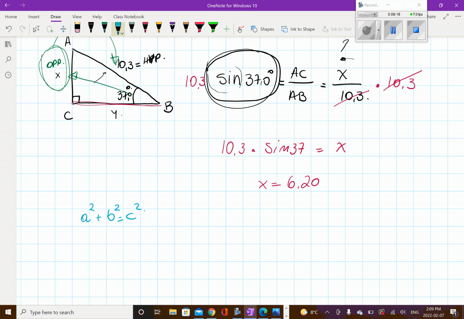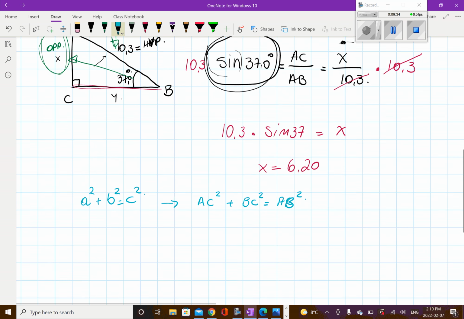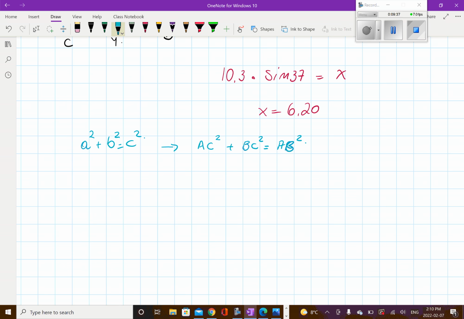So in this case, Pythagorean will be the length of AC squared plus the length of BC squared is equal to the length of AB squared. Now, since we found AC is 6.2, so 6.2 squared plus y to the power of 2 is equal to 10.3 squared.